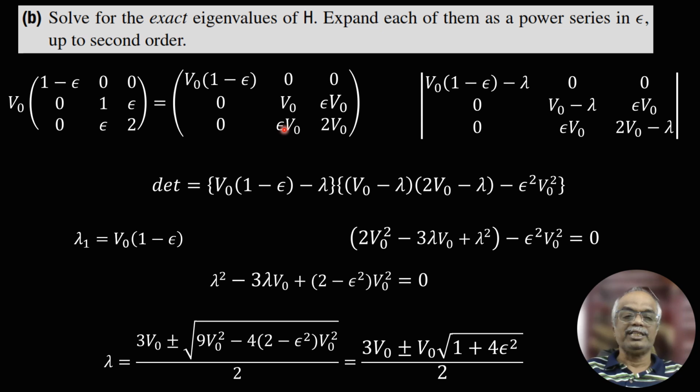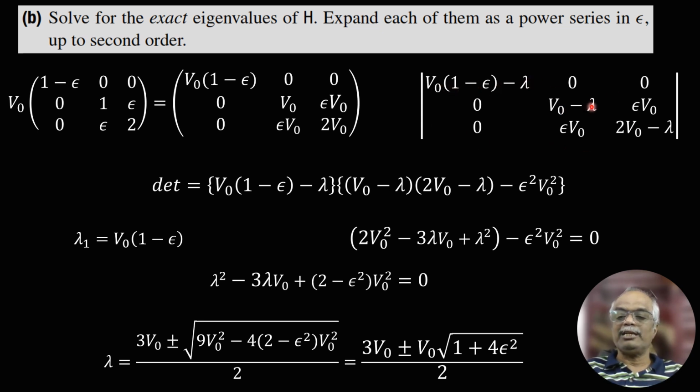Now in order to find the eigenvalue, you find the determinant of this by subtracting lambda along the diagonal, as in the usual procedure to diagonalize this matrix.